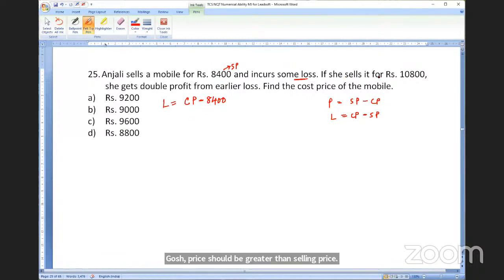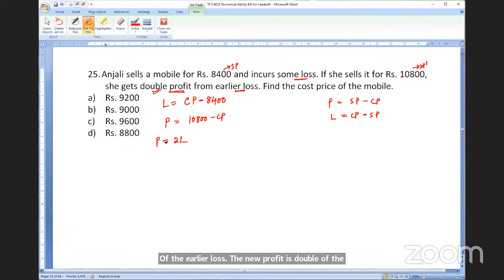If she sells this for 10,800, now the selling price changes to 10,800, she gets double profit from the earlier loss. So now she's getting profit of 10,800 minus CP. Now it is said that the new profit is double of the earlier loss.